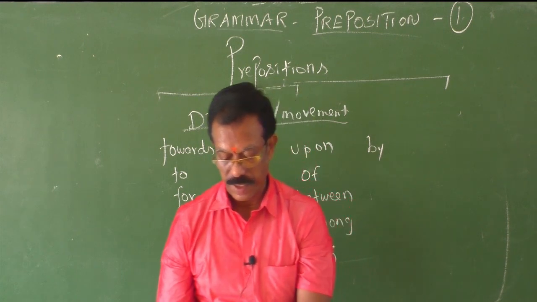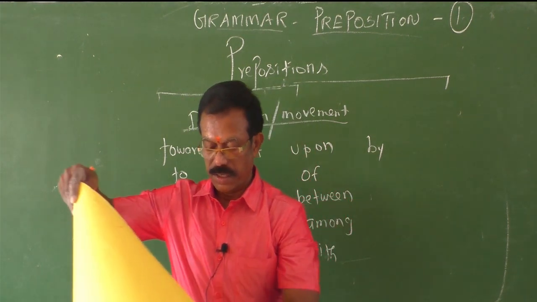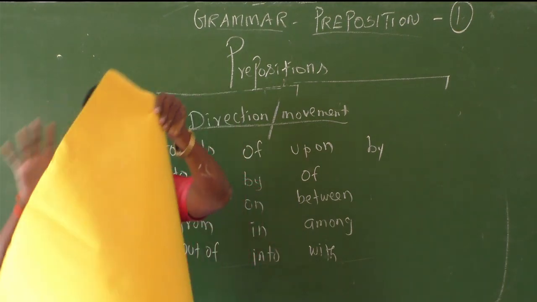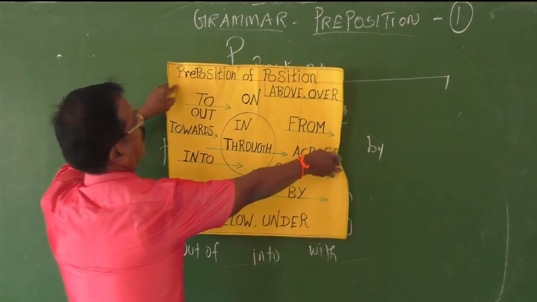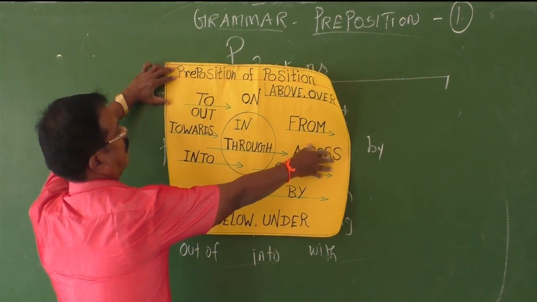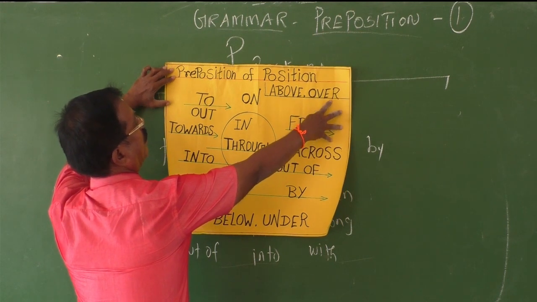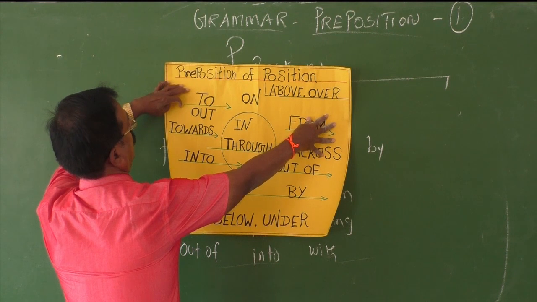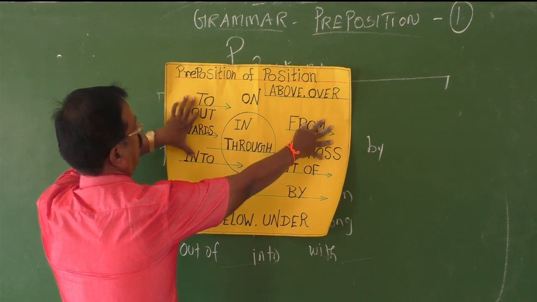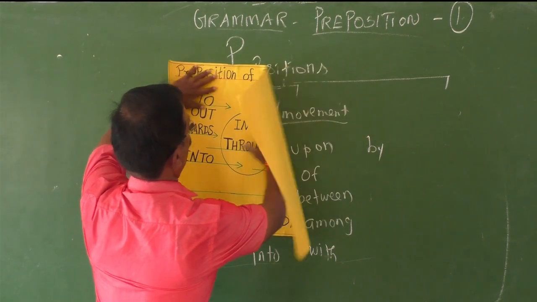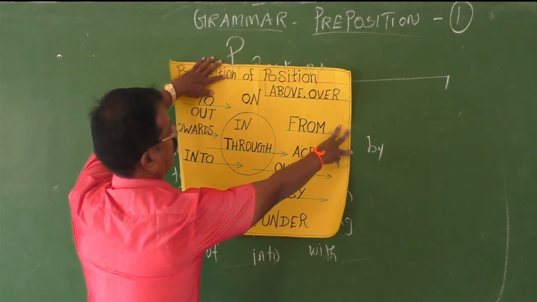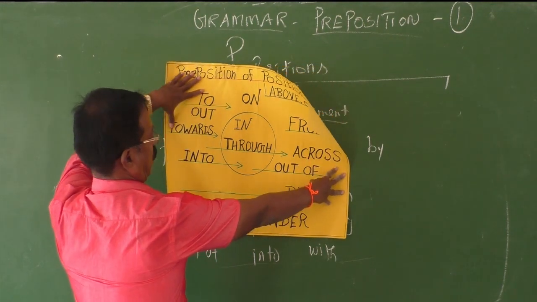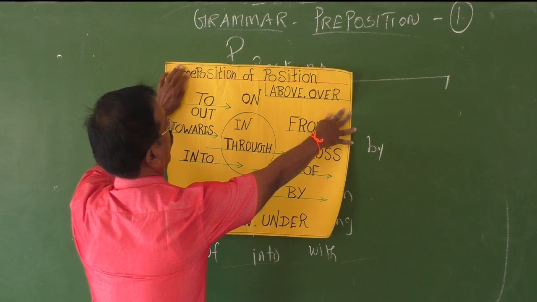And then see how this chart helps you. Prepositions of position: above, over, towards, out, into, then through, across, out of, by, below, under.